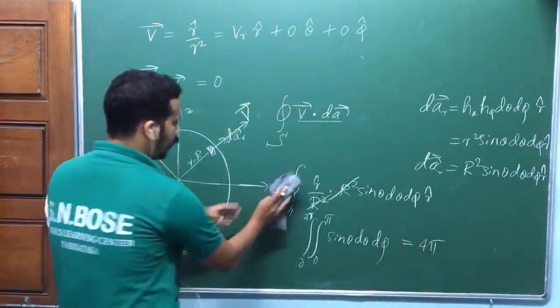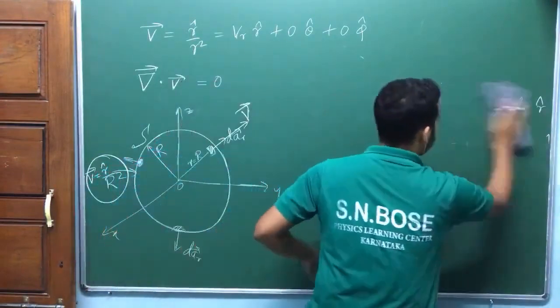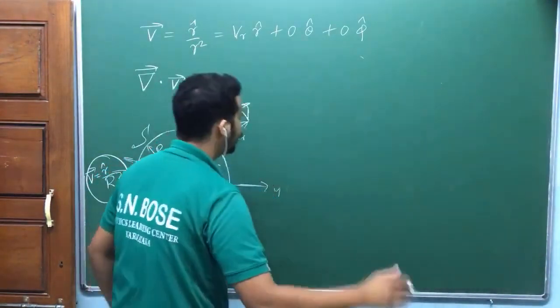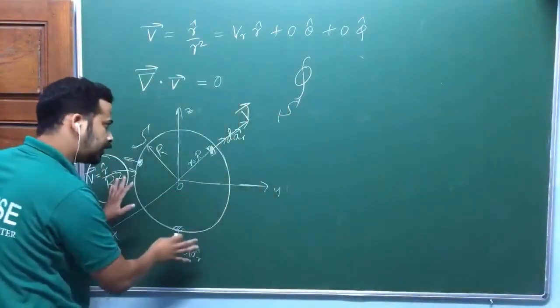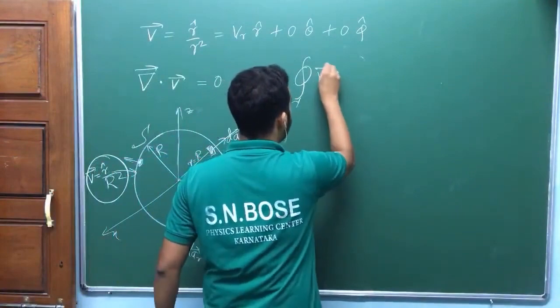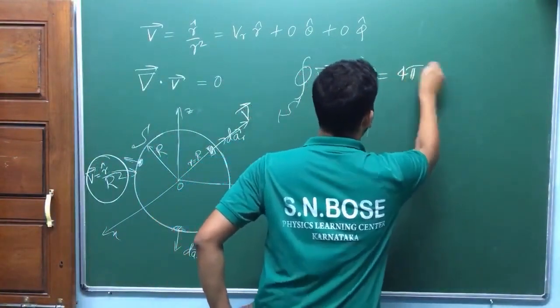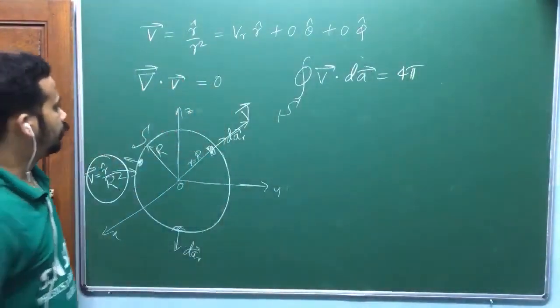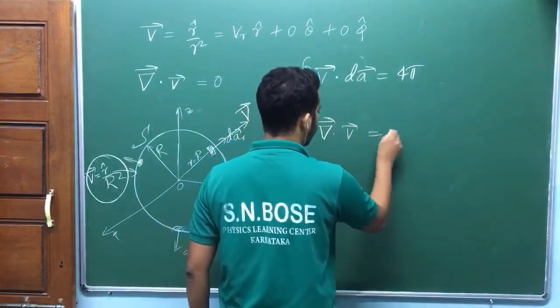Yes, now look here carefully, what happened here is, this closed surface integral, the same surface I am discussing, of V bar dot dA bar, that's equal to 4 pi, am I right? But the divergence is 0, the divergence of the vector field is equal to 0, okay.